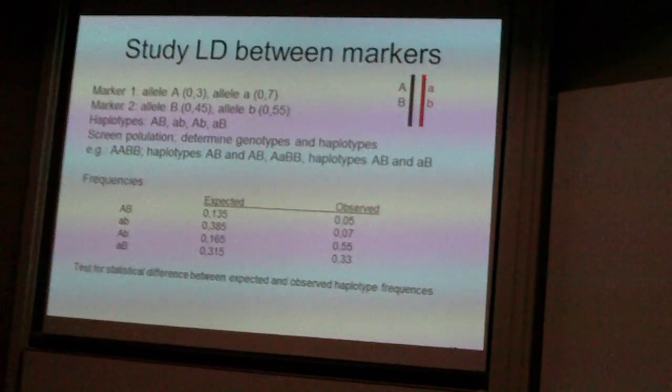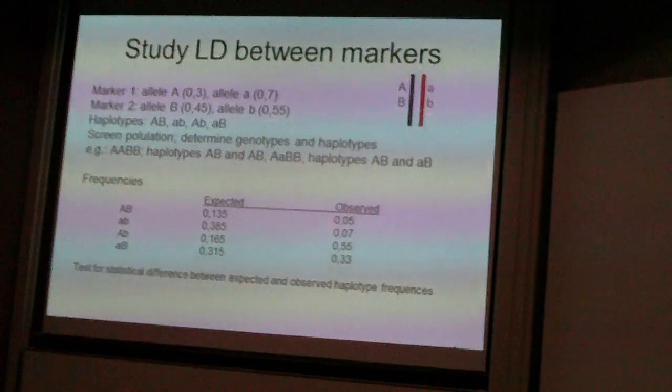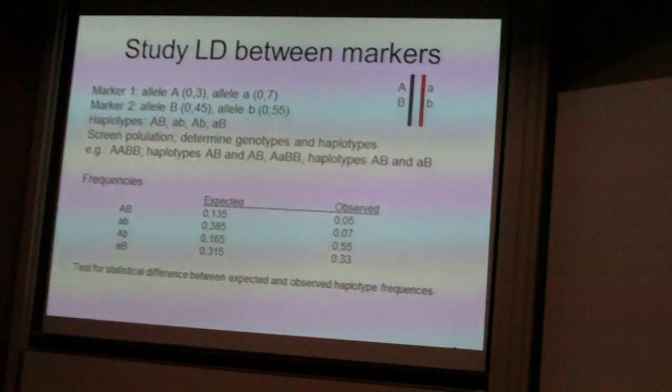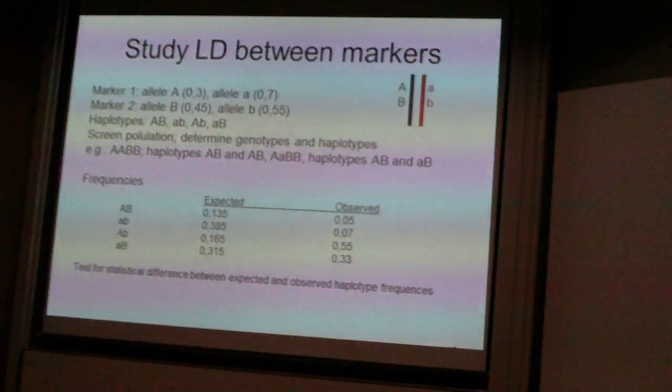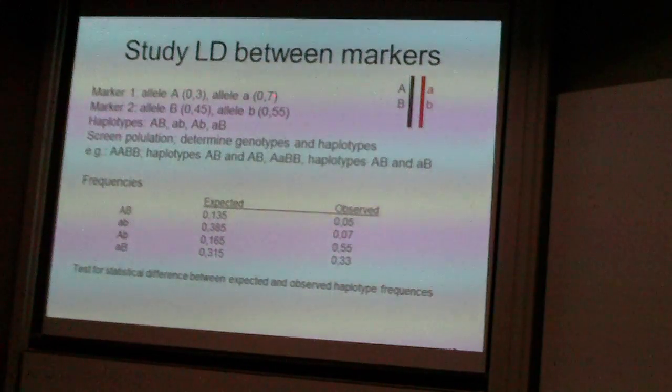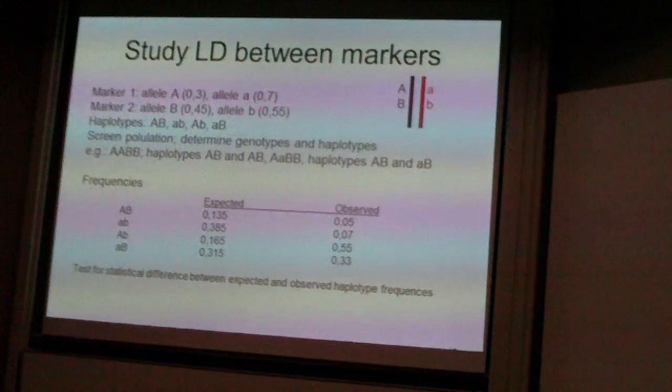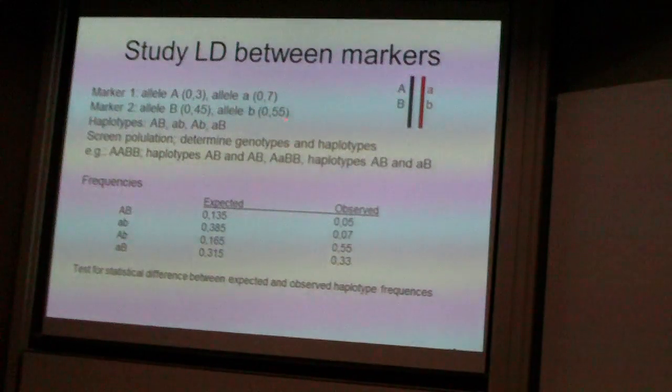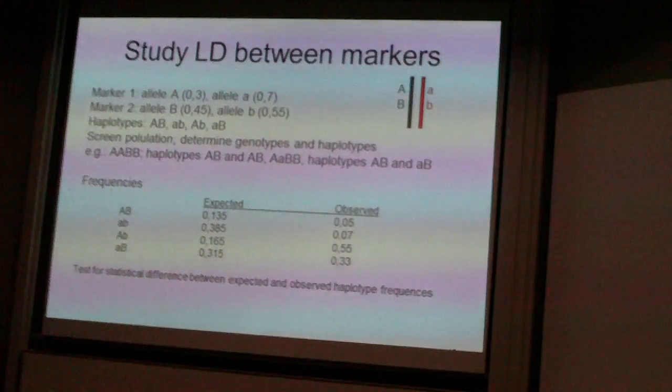So they are on one chromosome, and these are also on one chromosome. These, of course, are called alleles. And then you can measure the frequency of each allele. Let's say that the big A has a frequency of 30%, the other one 70%. This one has a frequency of 45, the other one 55. So you know the frequency of the alleles in your population.